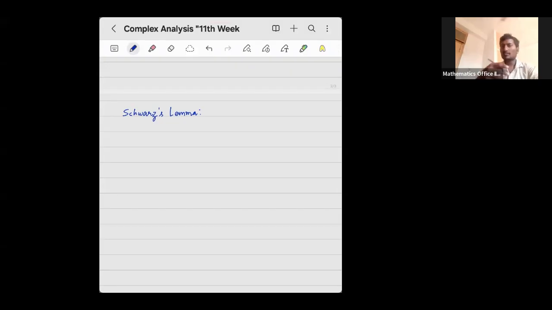For a map f from D to D, unit disk to unit disk, which is holomorphic, with the extra condition f of 0 is 0.